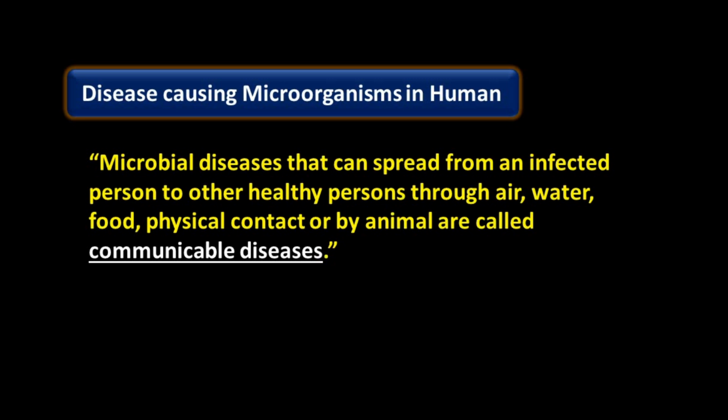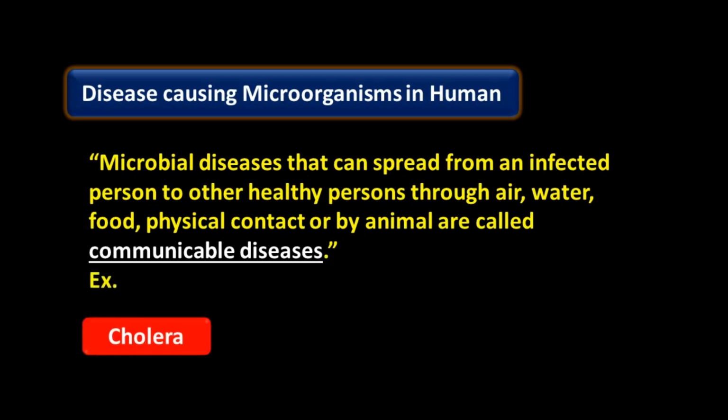Microbial diseases that can be spread from an infected person to another healthy person through air, water, food, physical contact, or by animals are called communicable diseases. Communicable disease means they spread through air, water, food, physical contact, and by some animals.